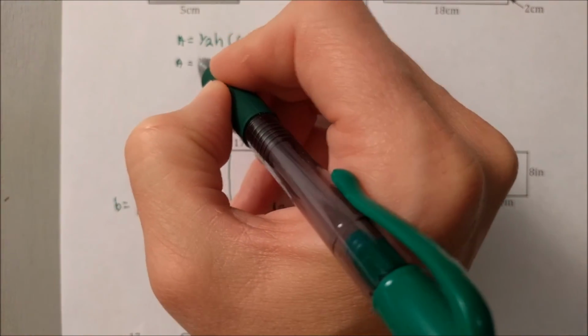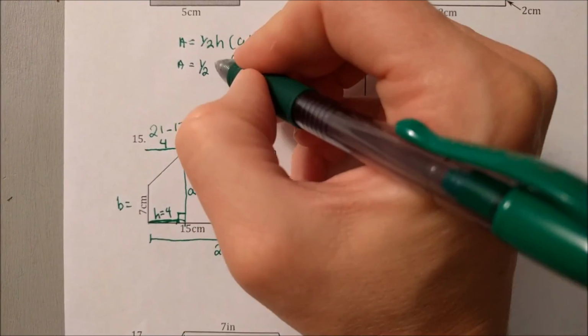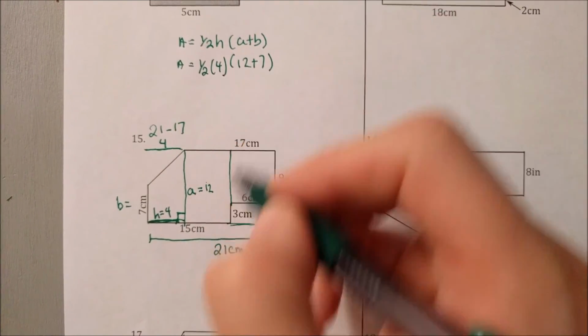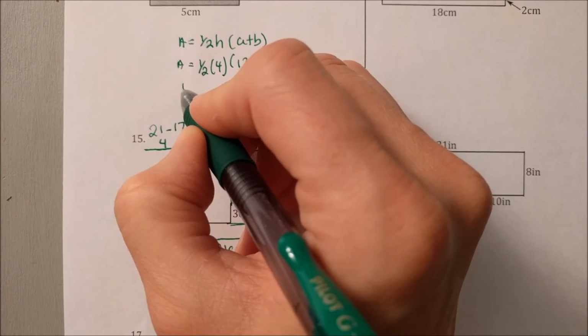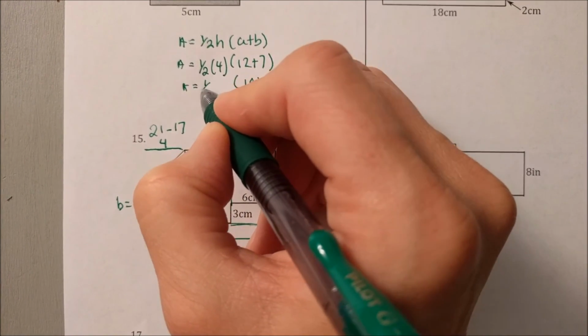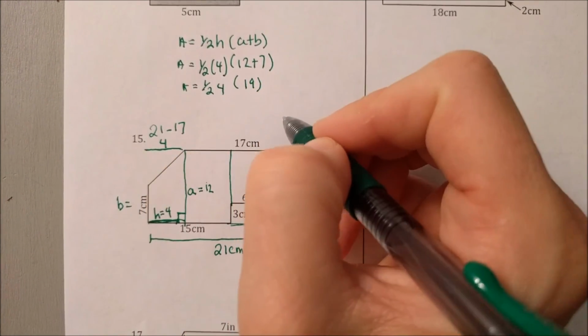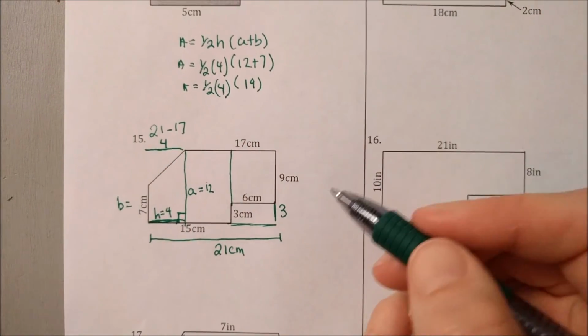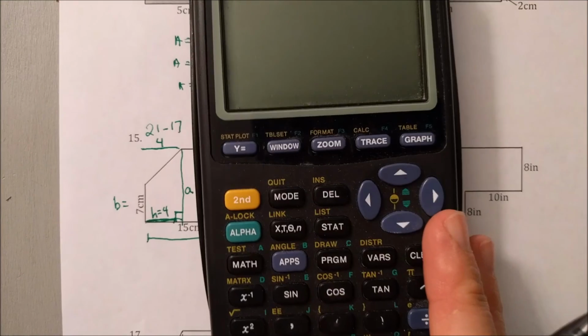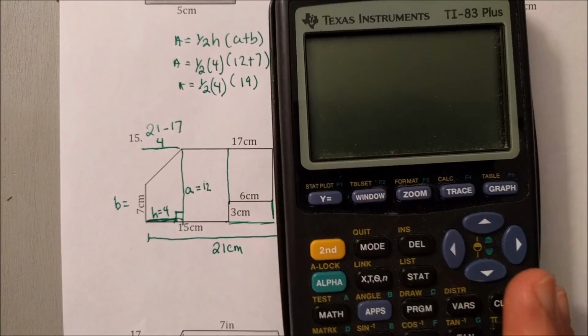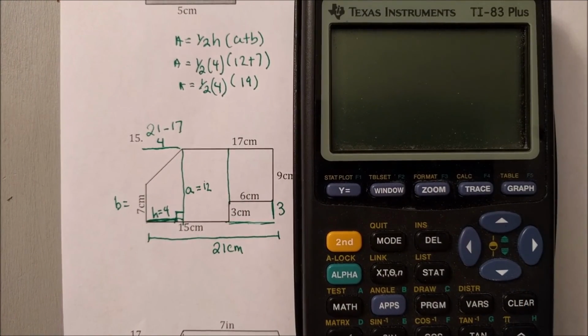My area is 1/2 my height, which is 4, times the 12 plus 7. Do your 12 plus 7 first, you're going to get 19. I'm going to have A equals 1/2 times 4 times 19. Well, if you're not comfortable with doing this in your head, you can go ahead and pull out your calculator, and you are doing 1/2, which is 0.5.